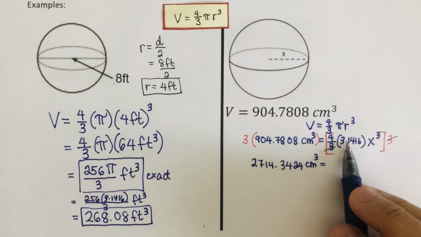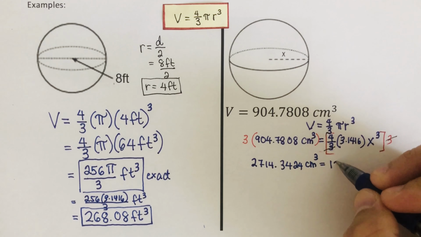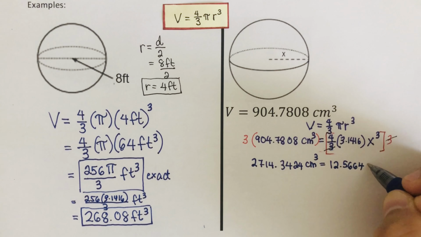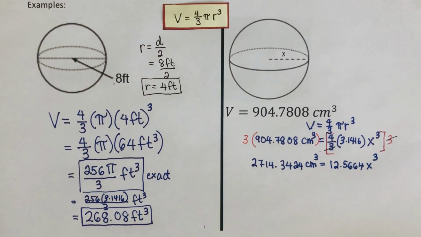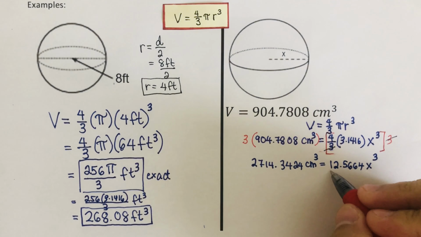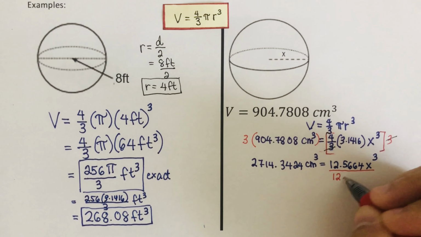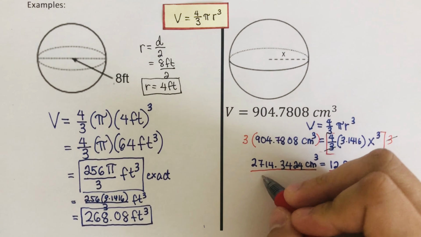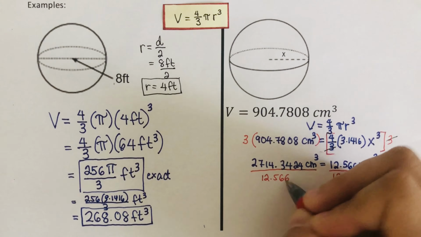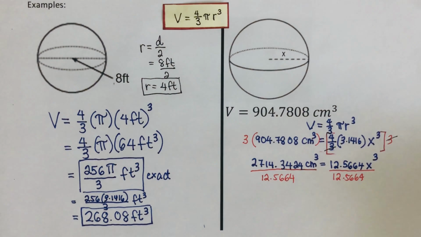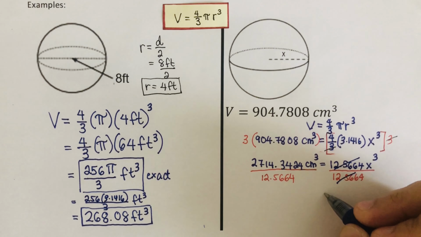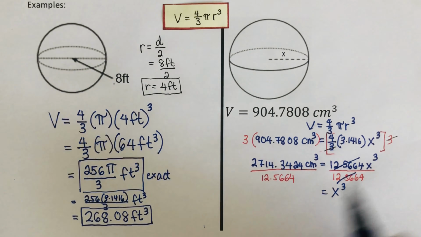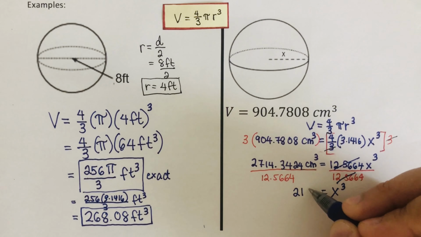And 4 times 3.1416 is 12.5664. We still have x cubed, and we want x by itself, so we divide both sides by 12.5664. Both sides should be divided to make them even. We cross these two out, so we're left with x cubed equal to 216 centimeters cubed.